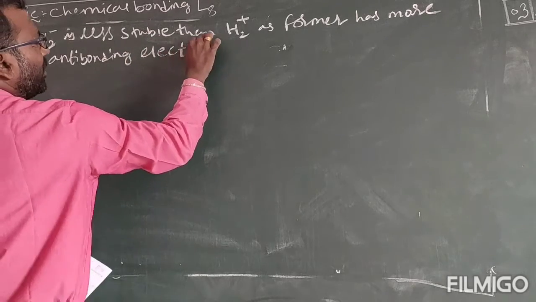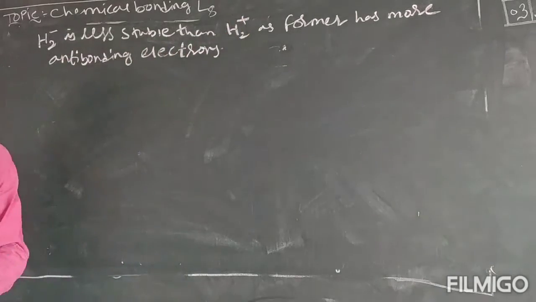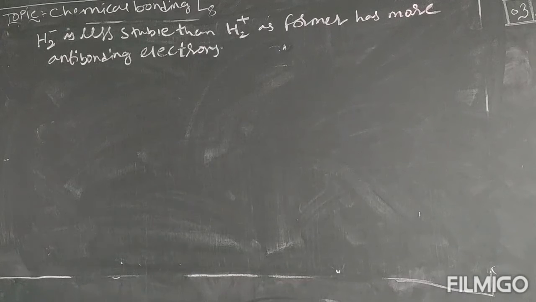Is it or not? See, in H2 minus you are having anti-bonding, whereas in H2 plus there is no anti-bonding. That's why H2 minus is less stable than H2 plus.